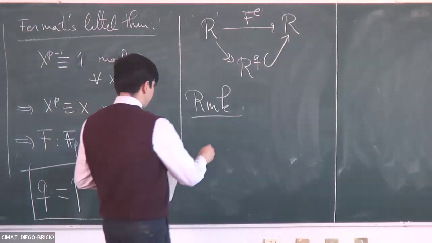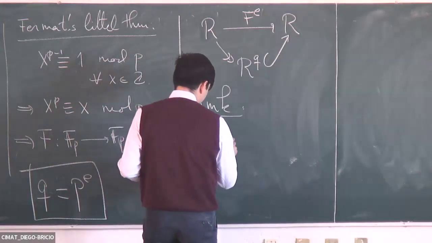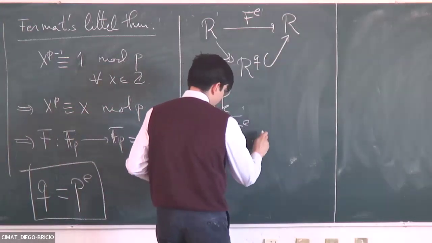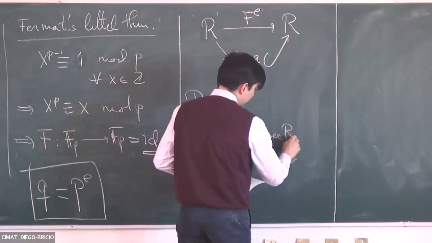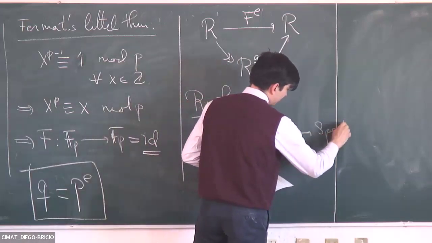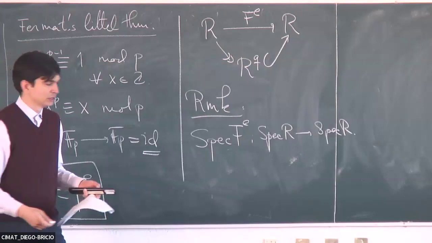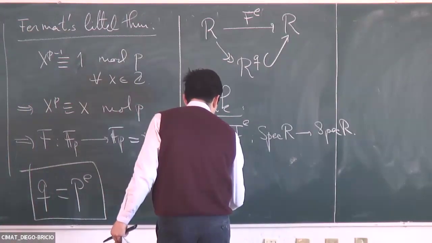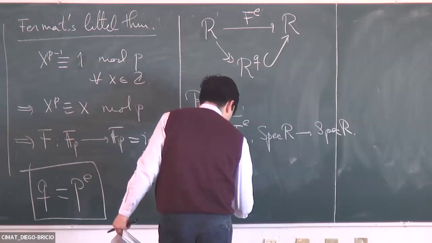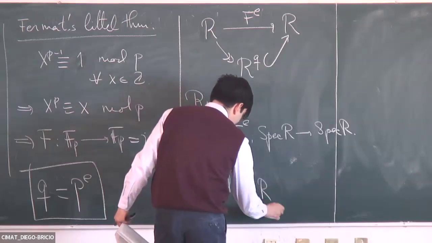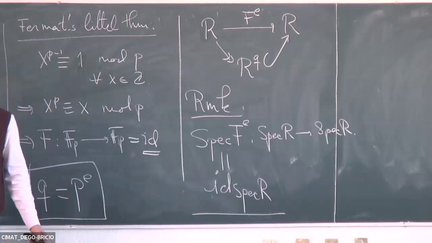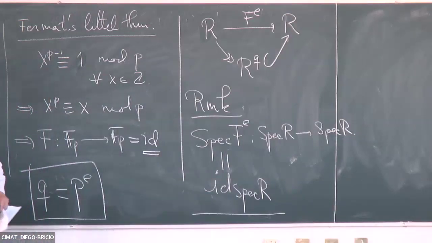Is that the spectrum of F to the e, so this is a map from Spec R to Spec R. Right? It's just a contraction of prime ideals along Frobenius. The point is that this is the identity. Okay? So in other words, Frobenius sees no topology in a sense. It's a purely ring theoretic phenomenon. So it's a scheme theoretic phenomenon, really.